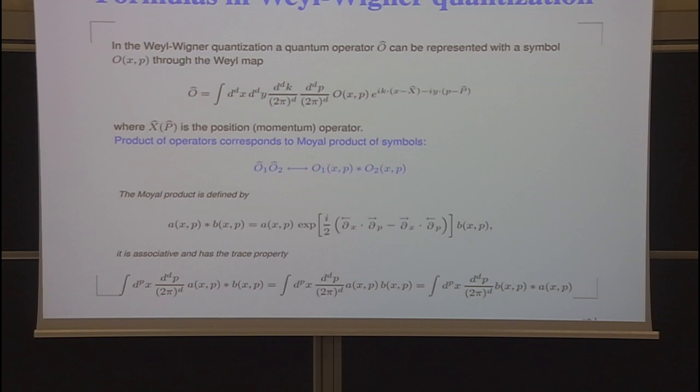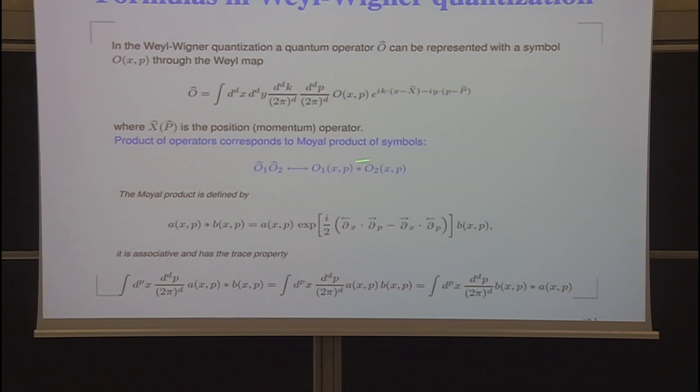And the correspondence between the operator and the symbol is given by this, where x hat and p hat are the position and momentum operators. The product of operators corresponds to the star product of the symbols. This is the rule.